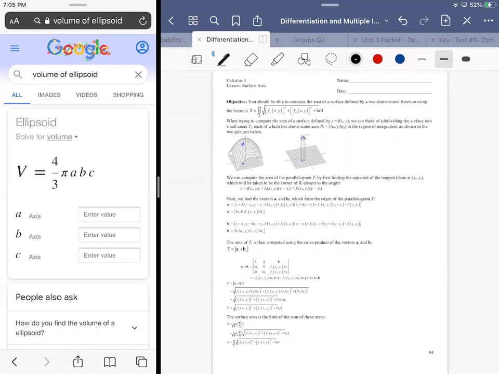What we just did with the volume formula, the volume of an ellipsoid, is pretty much the extent of it. It's just the best laid plans. When you get to the end of a semester, it's crunch time. So as much as I want to do proofs, there just isn't enough time.